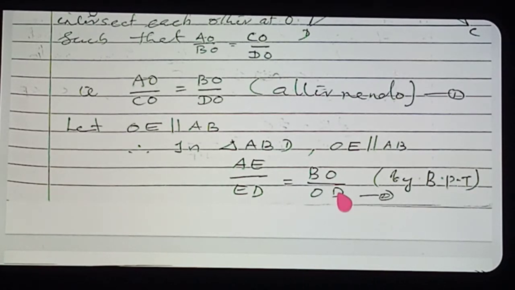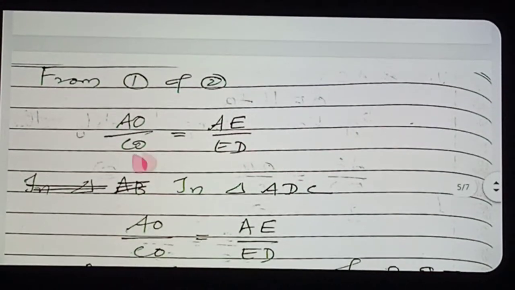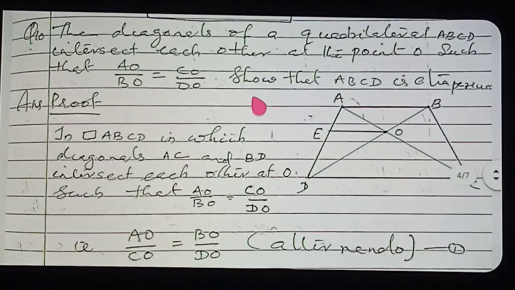Therefore, automatically what will happen? The LHS part also will be equal. So, we can see AO by CO is equal to AE by ED. AO by CO is equal to what did you get? AE by ED. So, we can see the triangle. Listen to the diagram. In triangle ADC, what did you get now? AE by ED is equal to AO by OC, we proved now.